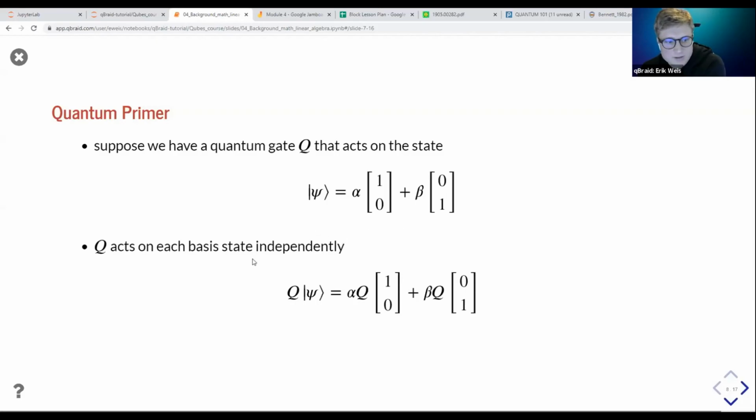We can say that Q acts on each basis state independently. And so the effect of Q on the state is going to be the effect of Q on the individual basis states independently. That's how these ideas are going to get used in quantum mechanics.